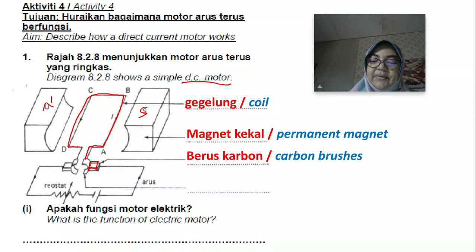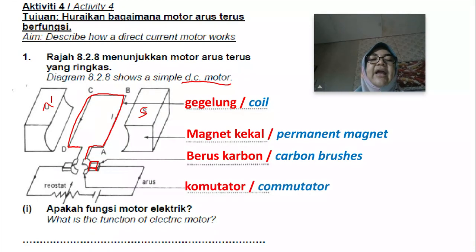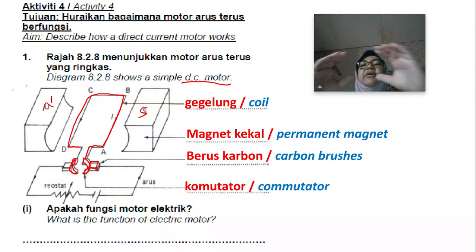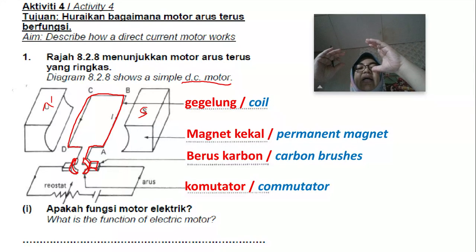Okay, and then we have what we call as a commutator. So as you can see here, the commutator dia bukan satu yang bulat penuh, dia terpisah. Okay, so we have a semicircular conductor dan dia pecah. Dia macam gelang yang pecah. Okay, dia bukan satu gelang yang lengkap.